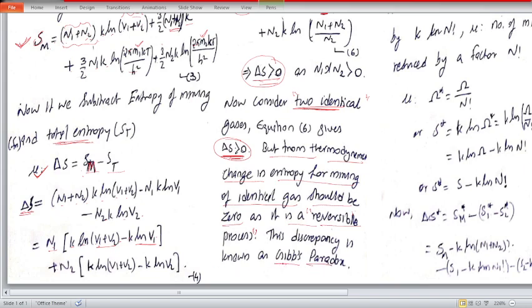By using the equation of entropy of an ideal gas, we get delta S greater than 0 for mixing of two identical gases, but in a realistic situation, thermodynamically, we have to get delta S equal to 0 for mixing of identical gases. So this discrepancy or mismatch is known as Gibbs paradox.